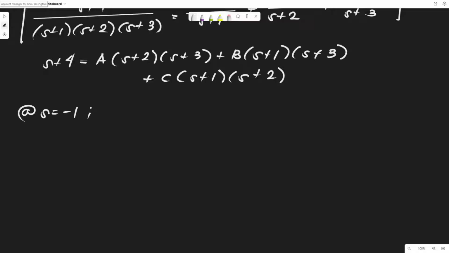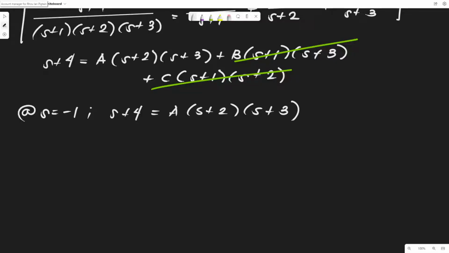Okay, so ibig sabihin lahat ng may multiple na s plus 1, 0 sila. So, you can just simply equate this as s plus 4 is equal to a times s plus 2 times s plus 3. Ayan. So, ito yung ating i-evaluate for the value of a.